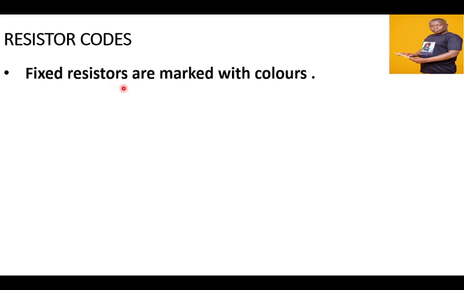Remember that we have two types of resistors that are in common use, namely fixed resistors and variable resistors. As the name suggests, fixed resistors are those resistors whose values you cannot change.